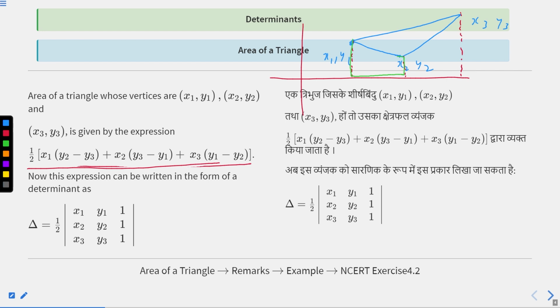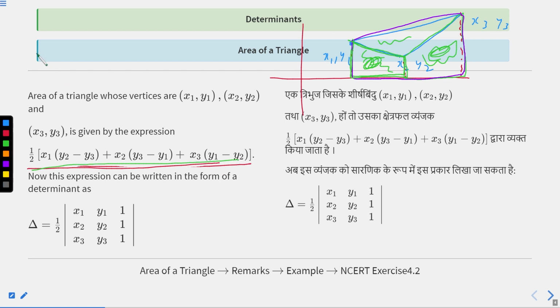One trapezium is this, another is this one, and another one is this complete one. The complete purple trapezium area covers the whole. These two green areas cover these parts. So if you find the purple area and subtract these green areas, you are left with the triangle area, and from that you get this expression.